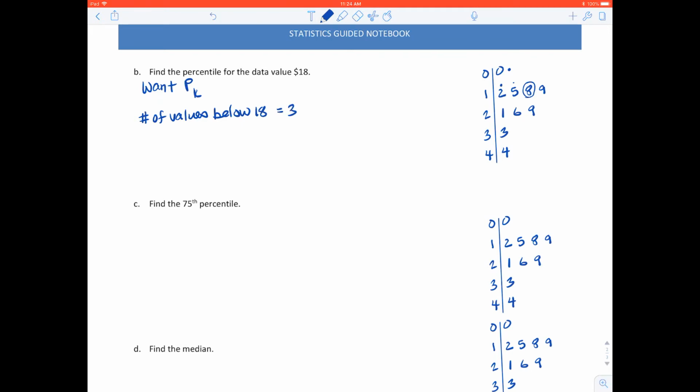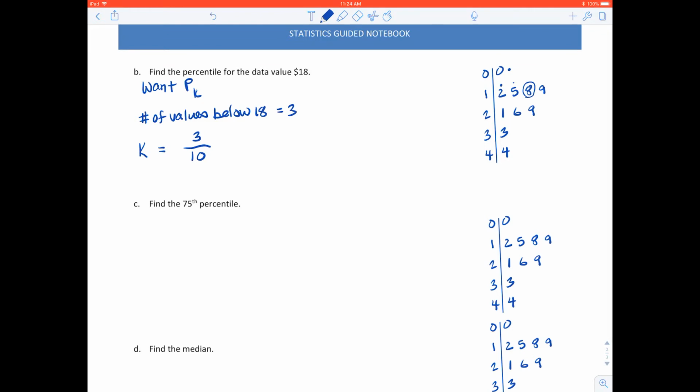And then we go ahead and we find that K is equal to, good, 3 divided by what? Good, the total number of data values, N, right?